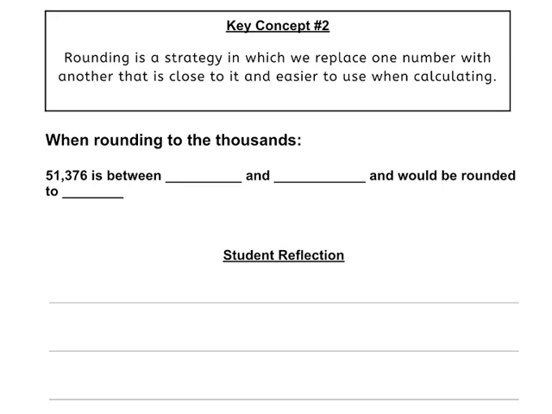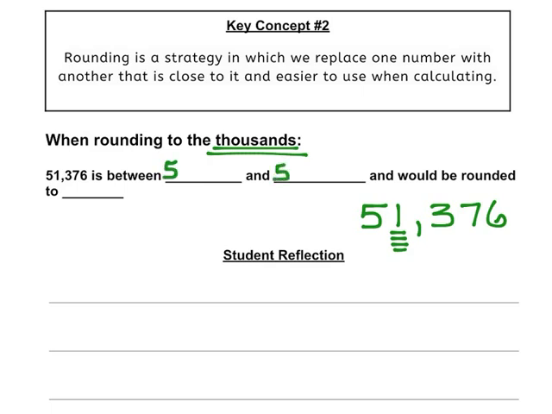When rounding to the thousands, 51,376 is between what? Now remember, 51,376. We are rounding to the 10,000s place, which is right here. Don't let that 5 fool you. You're just going to go ahead and write that 10,000s 5 down, because we're not going to do anything with it. We're going to look at 1,376.